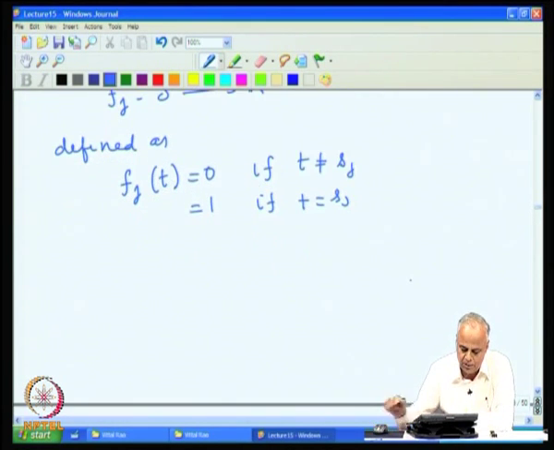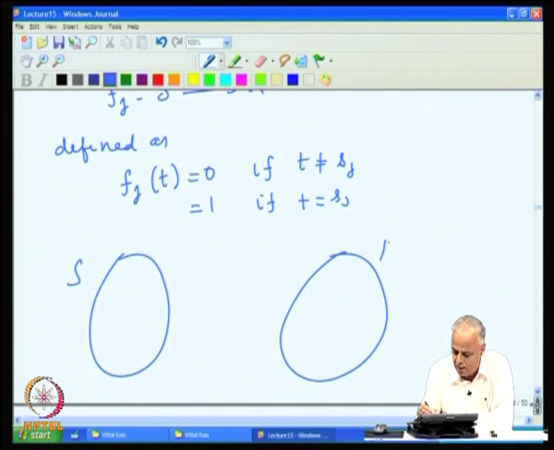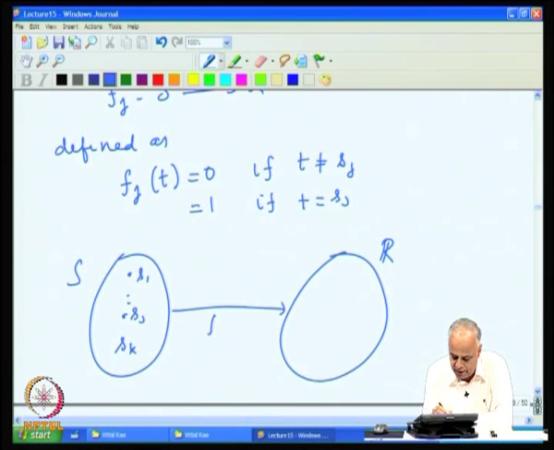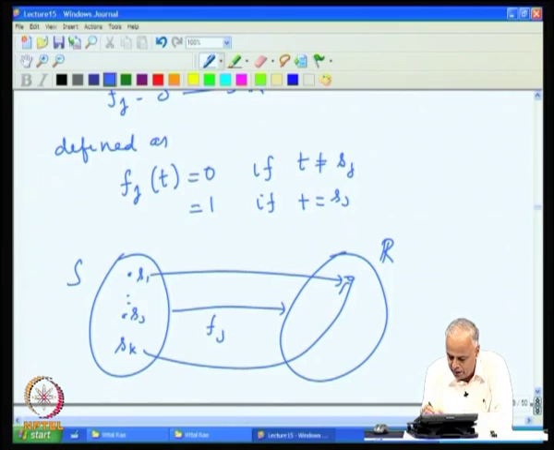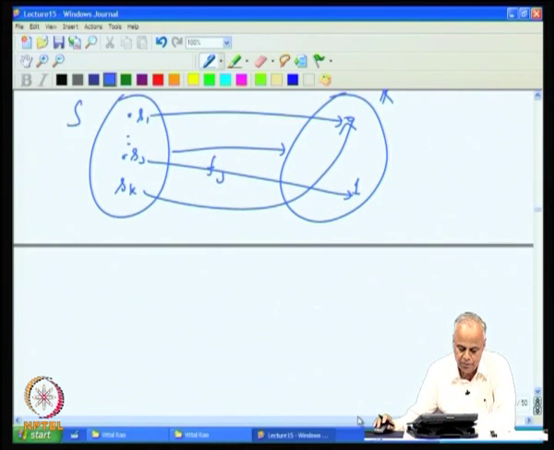So, what it means is, here is the set S, here is the real line R, here are the points in the set. What this function f j does is, it takes S 1 to 0, S k to 0, except S j which goes to 1, all others go to 0.